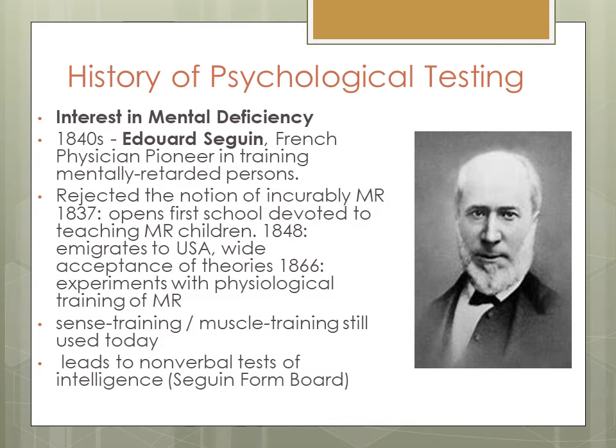Okay, so he rejected the notion of incurable mental retardation. In 1837, he opens the first school devoted to teaching mentally retarded children. In 1848, he emigrates to the USA, with wide acceptance of his theories, and in 1866, experiments with physiological training of mental retardation. All right, so as you can see, Seguin now believes that a person or a child with mental retardation can be trained.